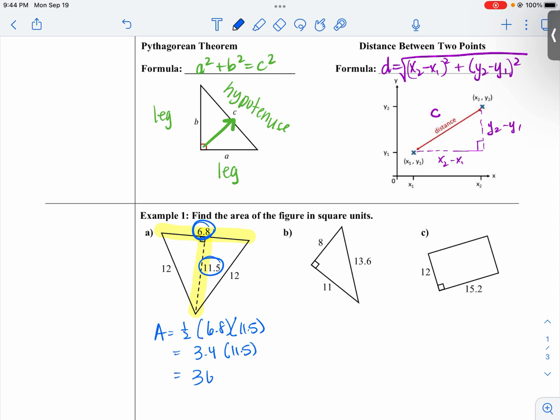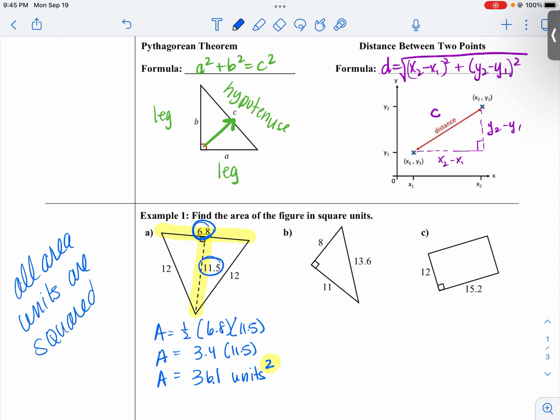That's 39.1 units squared. So we say units squared because I don't know if it's centimeters, inches, feet, whatever, but all area is squared. Feet squared, inches squared, etc.